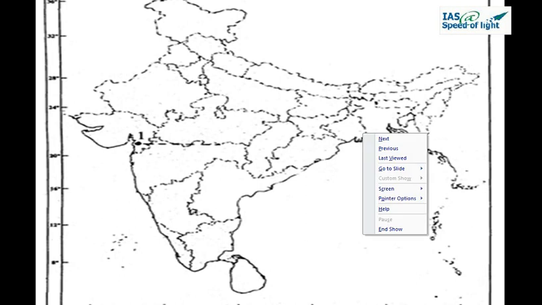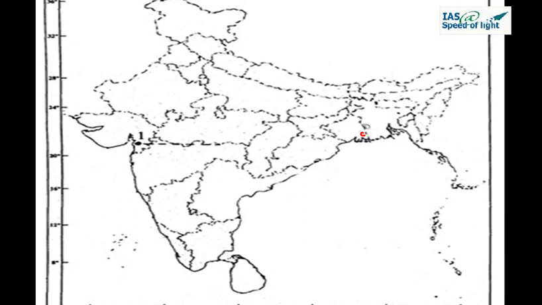It's on the river Hooghly. It's a riverine port. And this is Haldia, again in West Bengal, and this is Paradeep in Odisha. Then you have Vishakhapatnam in Andhra Pradesh. So this is Paradeep, this is Kolkata, this is Haldia, and this is Vishakhapatnam.